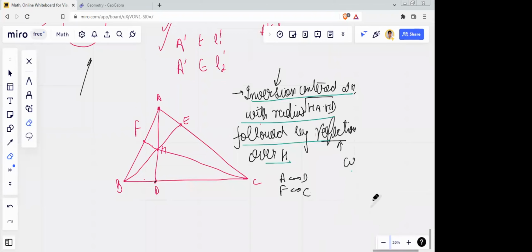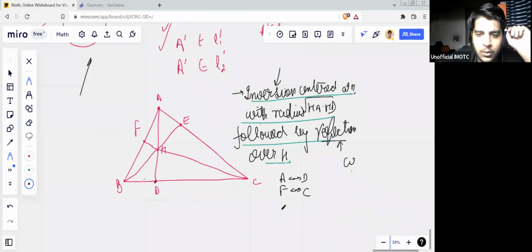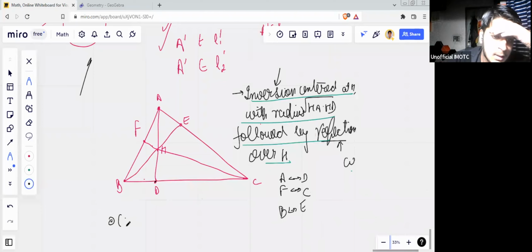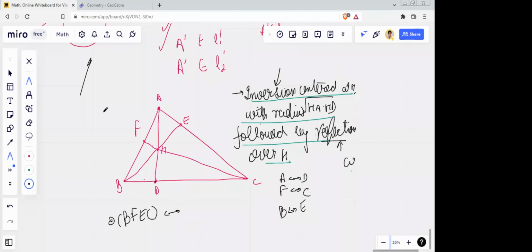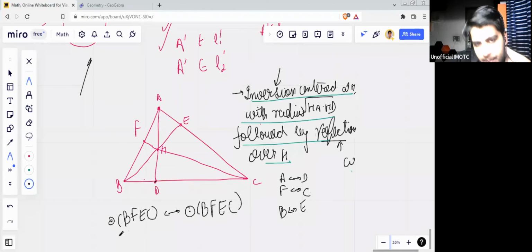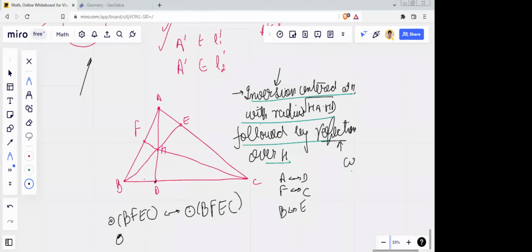Okay, A goes to D, F goes to C, B goes to E. Where does circle BFEC go to? It goes to itself. Does everyone see that? Yes. AEFH, where does this circle go to?